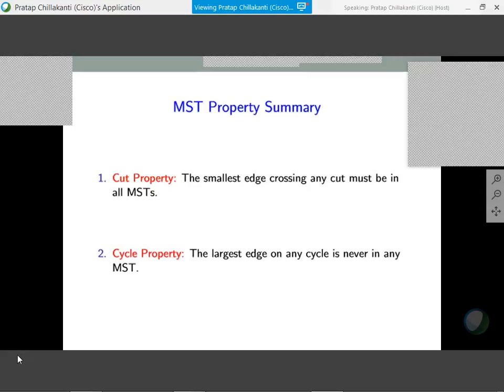Intuitively, it makes sense, right? Because when you have the largest weight, how can it be part of a minimum spanning tree when we are saying that if you sum the total edge weights, that should be the lowest cost, okay?